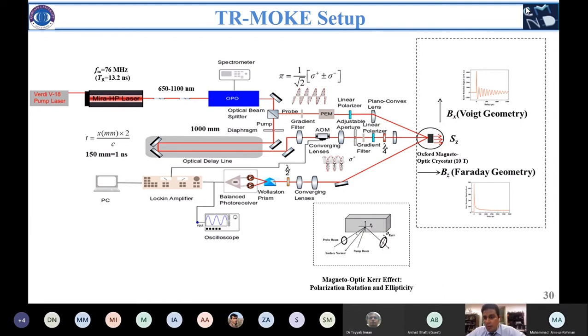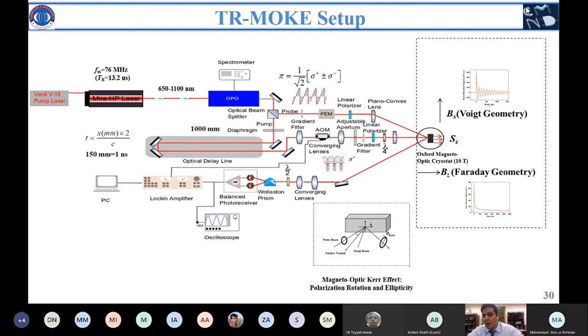We needed time resolved spectra. This delay line is responsible for generating these kinds of spectra that you see here for the Voigt geometry and for the Faraday geometry. What an optical delay line does is create a time delay between the pump and the probe pulses. We need that because the pump pulse will go into the sample and create an effect.